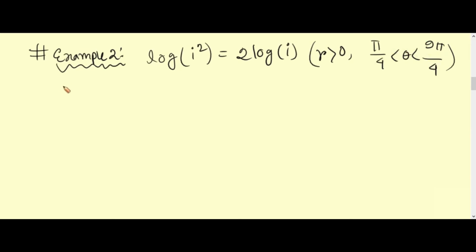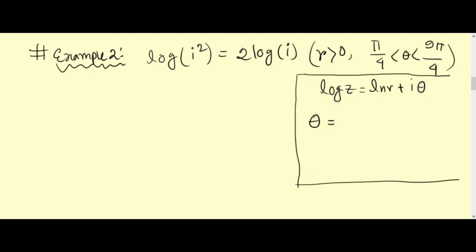So let me just tell you, in general, we should always go for log z as ln r plus I times theta principal plus 2 pi n. If you don't want to write that, and most of the time people don't write that, it should be ln r plus I theta, where theta is defined as, let me put it in a box since this is a side note only, theta principal plus 2 pi n.